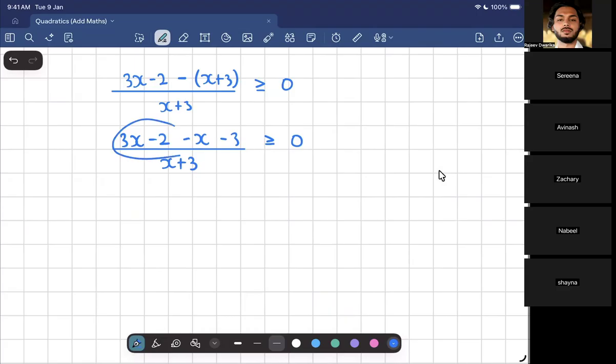See if we can simplify the numerator. It will be 2x minus 5. Yep, because if you have 3x's and you take away x, it'll be 2x. And then minus 2 minus 3, right?